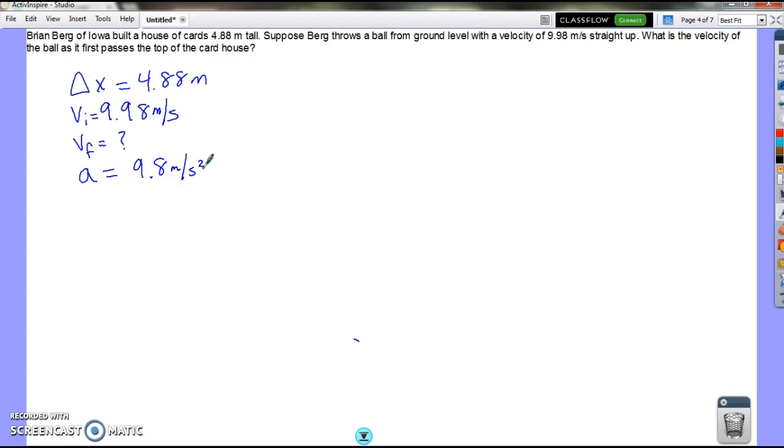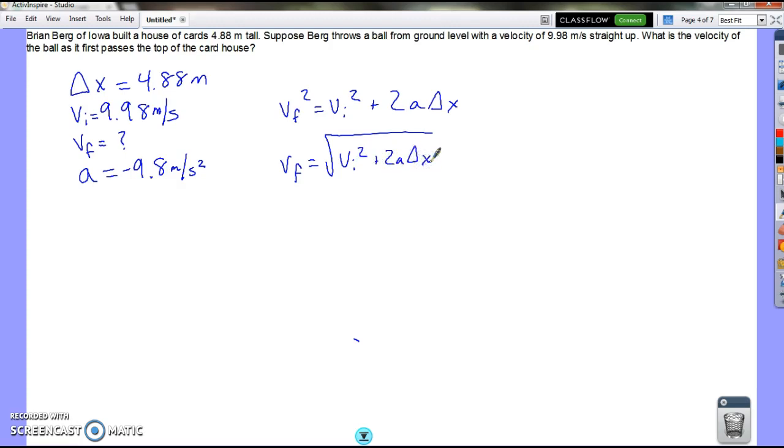So this is a negative since we're slowing down as we go up, and so we find our VF. So VF squared is equal to VI squared plus 2a delta x. We can plug in our numbers and say that VF is equal to the square root of VI squared plus 2a delta x.